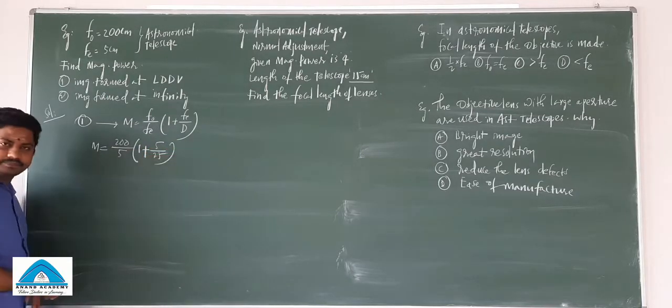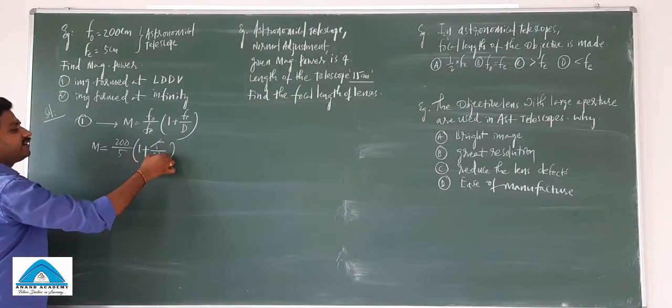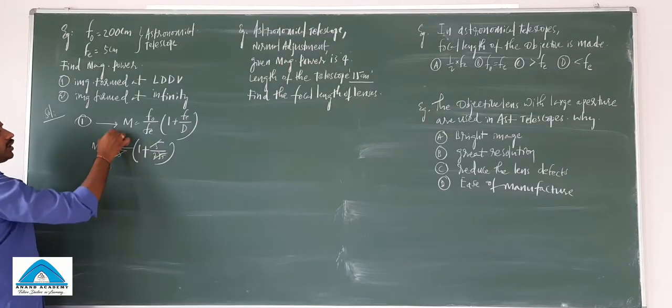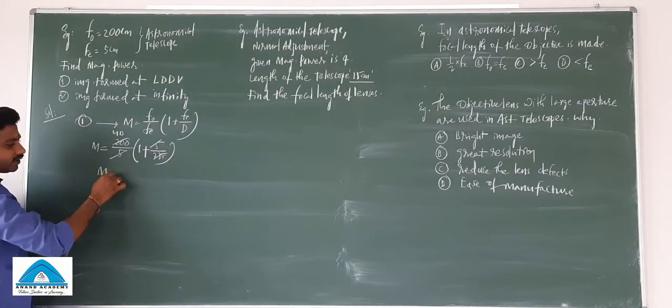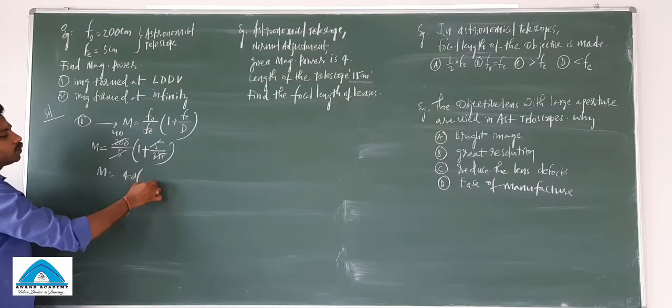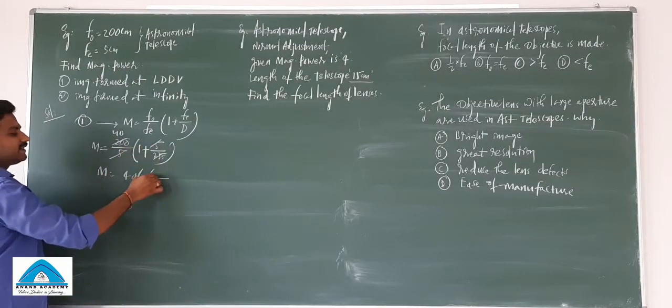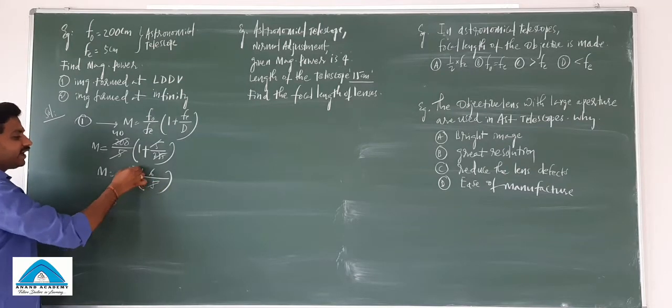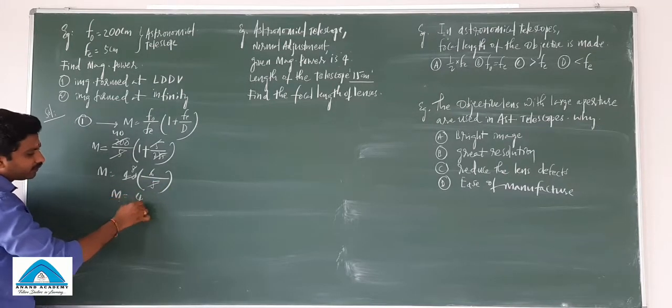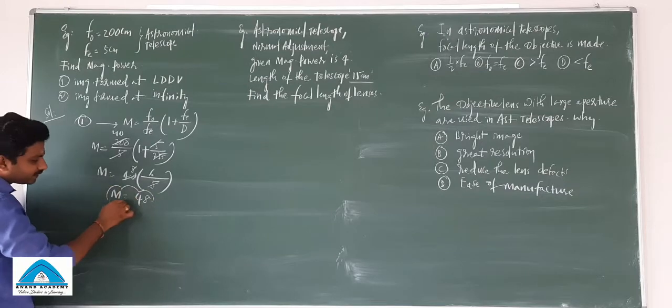It's 25. So this is 5 5s. So 5 40s. So what I can write here is 40 into, so LCM is 5, 5 plus 1 is 6, and this is 5 8. So your magnification will be 48.